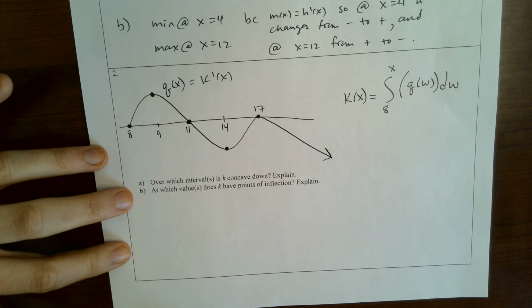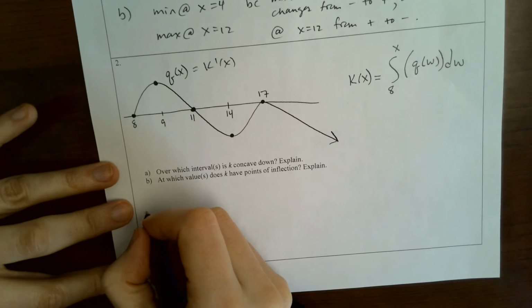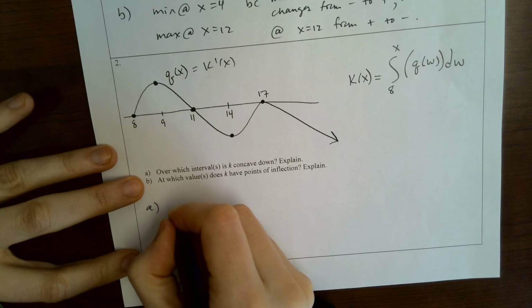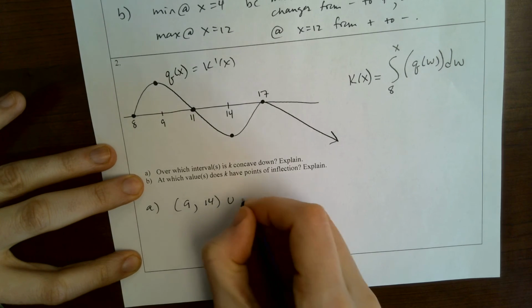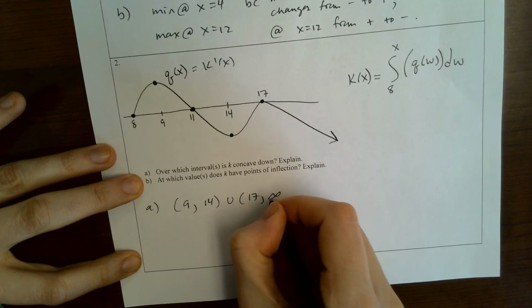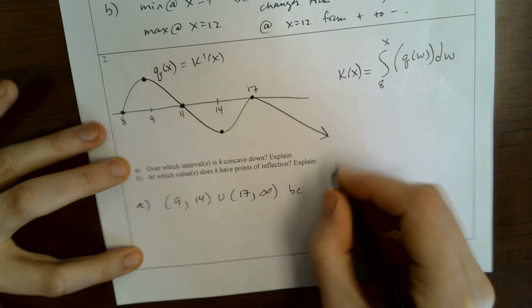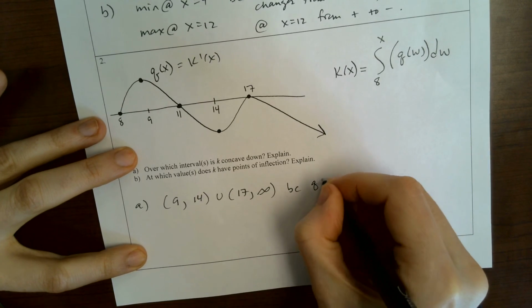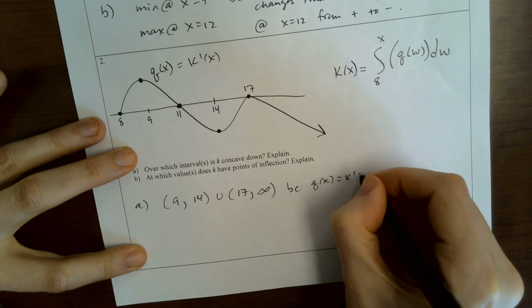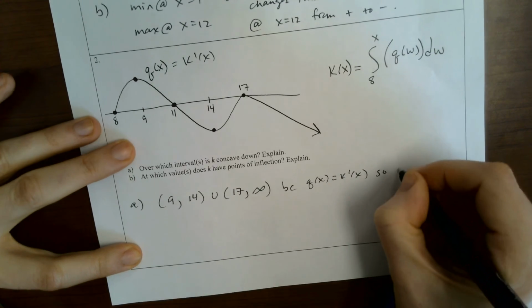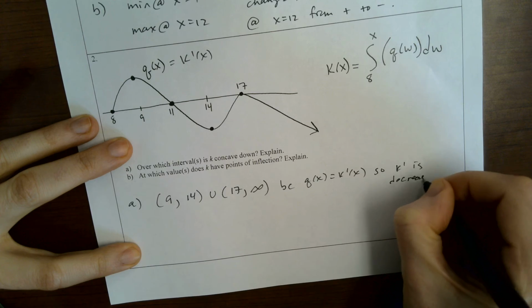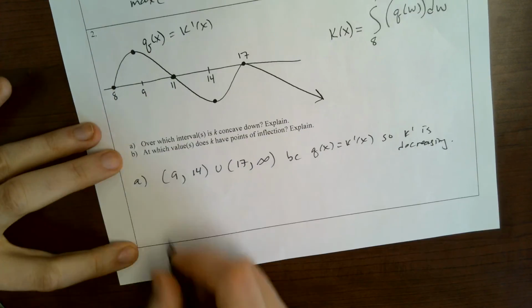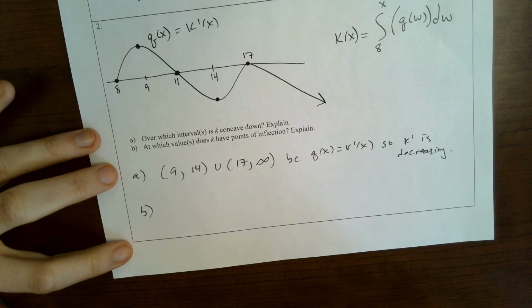You'd need to know that k prime is decreasing. So for part A, the answer is going to be from 9 to 14 union 17 to infinity, because q of x is equal to k prime of x, so k prime is decreasing. This is all Susan's table stuff.